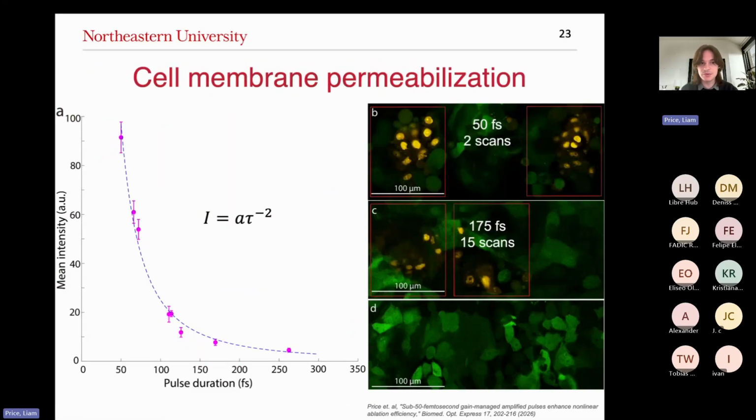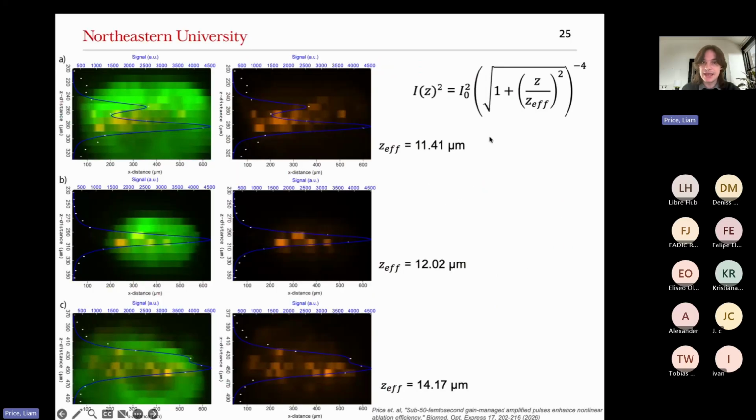So again, looping back to the square dependency of the actual process, we fit that in order to look at how effectively we're controlling the Z depth restriction of the ablation.